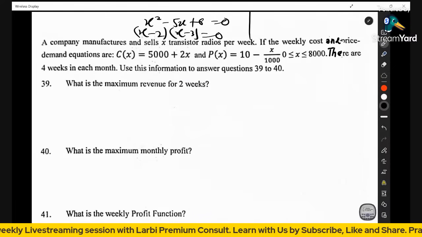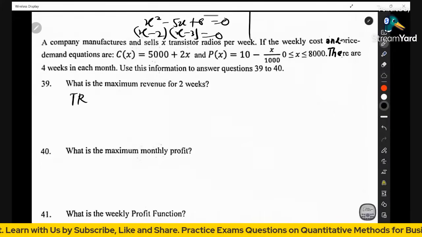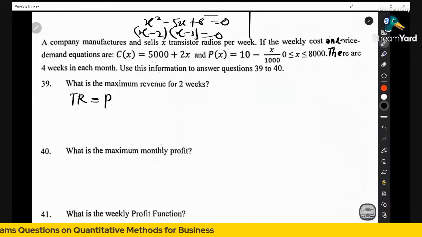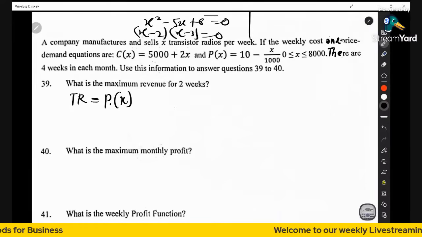Well, by maximum, we need to find our revenue function, right? So what will be our revenue function? Total revenue should always be equal to our total sales, which is our price per item multiplied by the output that we produce as an organization, which is x. What was our price function?